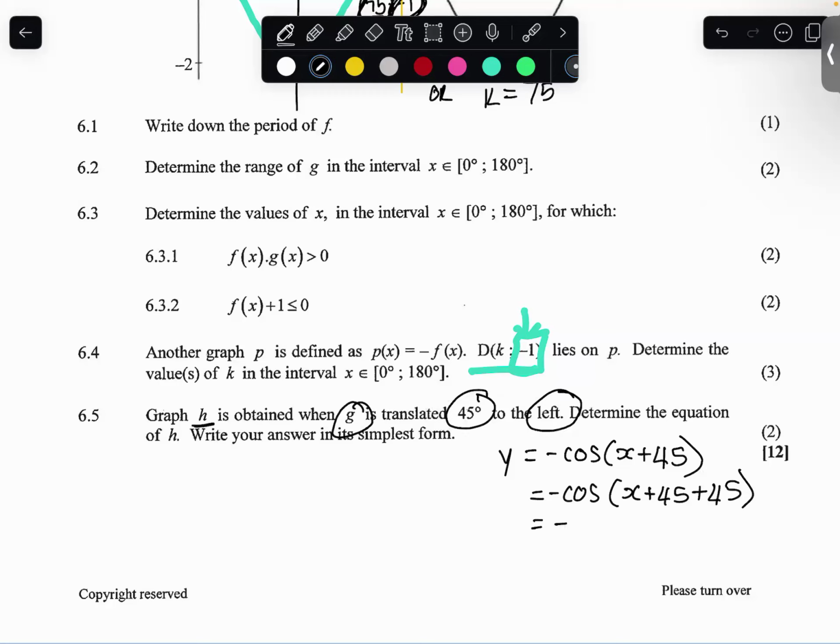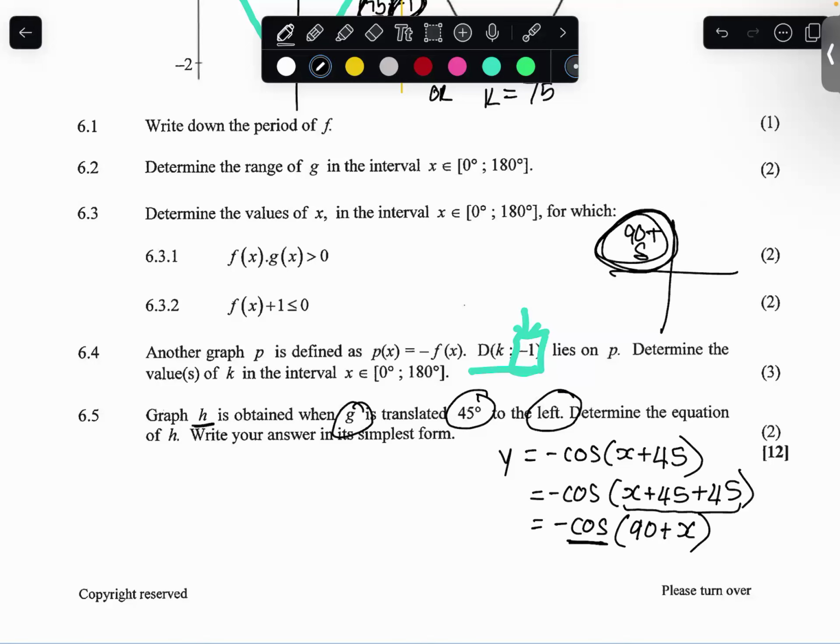Right. Then that leaves me with minus cos. This is x plus 90. Or I'm going to write it as 90 plus x because I like the number in front when we're doing reduction, because this is going to be a reduction. And a reduction in the 90 plus quadrant. This is the 90 plus quadrant, right? Cos is negative in this quadrant.